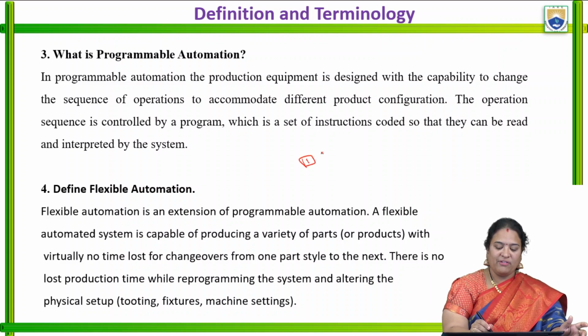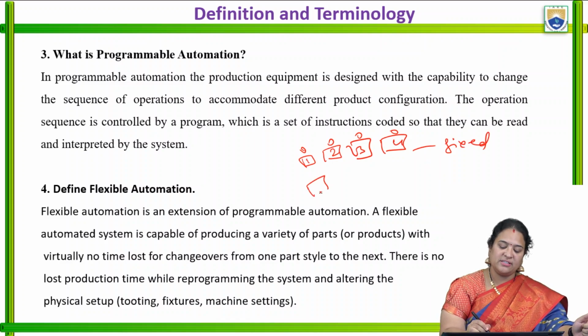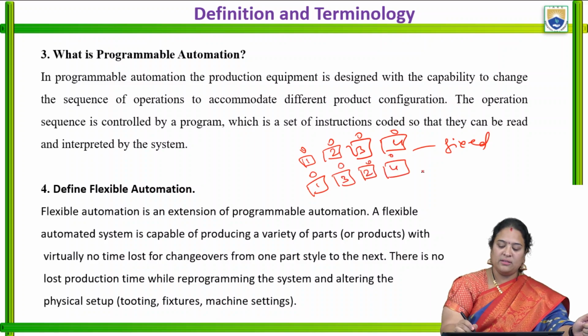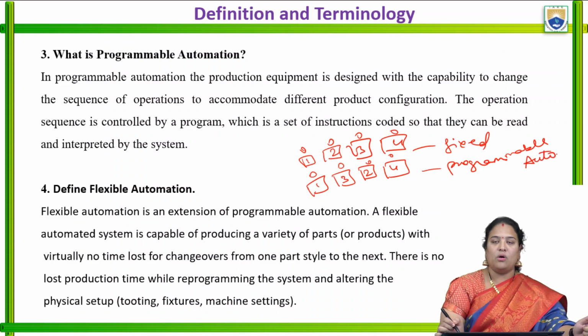Here, when we have 1, 2, 3 and 4, this is fixed automation. When there is a capability of changing the sequence of operation, first 1 and then 3, then 2 and then 4, this is known as programmable automation.